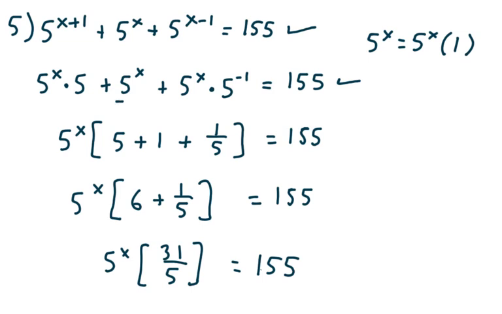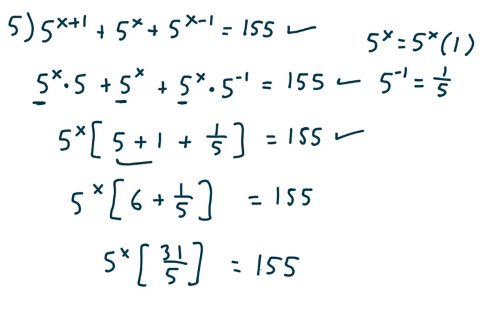Now, don't forget, 5 to the x is equal to 5 to the x times 1. And so notice how I have a 5 to the x common to all three terms. So I'm going to factor that out. And when I do, I get 5 to the x times the quantity, 5 plus 1 plus 1/5, right? Because remember, 5 to the negative 1 equals 1/5. And then on the other side, I get 155.